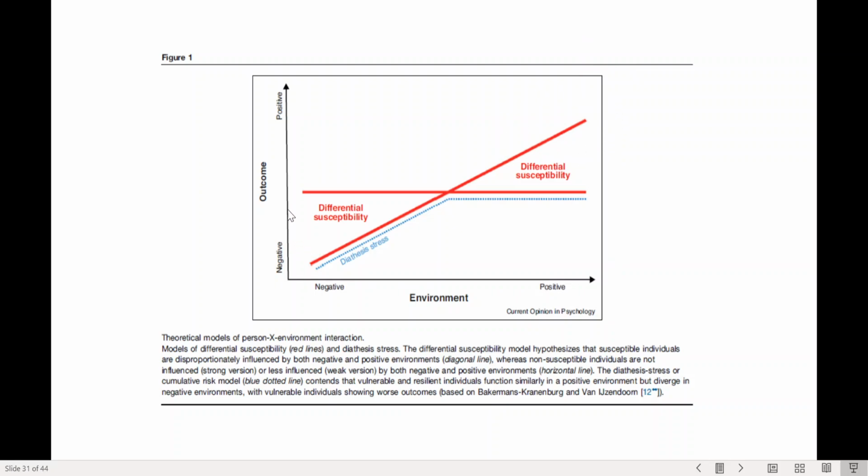And those individuals that are non-susceptible are thought to show relatively constant behavior independent of the environment. Right? So the important point here is that these risk factors play out differently depending on the environment that an individual is being placed in.